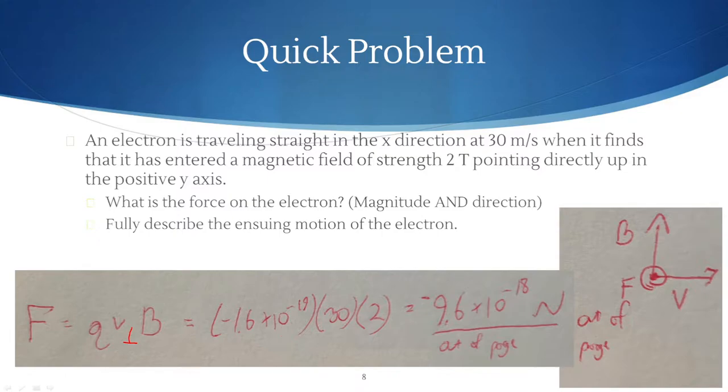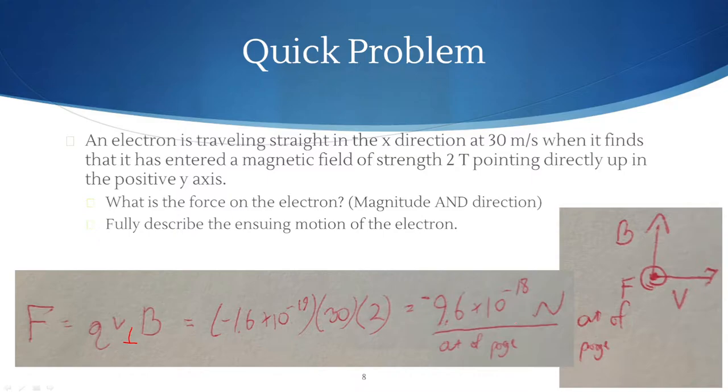So charge of an electron is a constant. We have a table for that in chapter 15 notes. Negative 1.6 times 10 to the negative 19th. Next, we're going to multiply that by the velocity and then times the magnetic field. And that's going to be equal to the total amount of force that the field will exert on this particular particle. Negative 9.6 times 10 to the negative 18th newtons, which is not a lot of newtons, but an electron has a very small amount of mass. So this small amount of force on that even smaller mass would create a pretty noticeable effect.